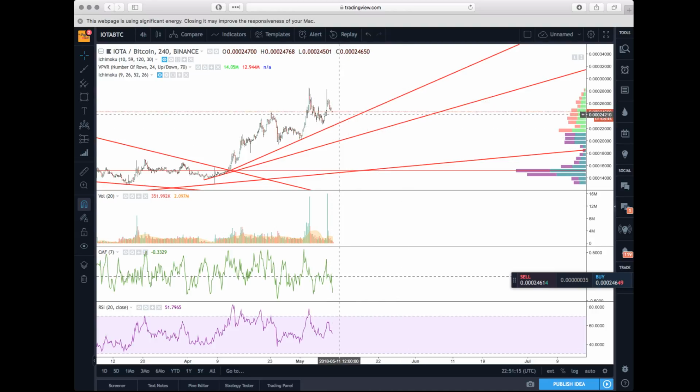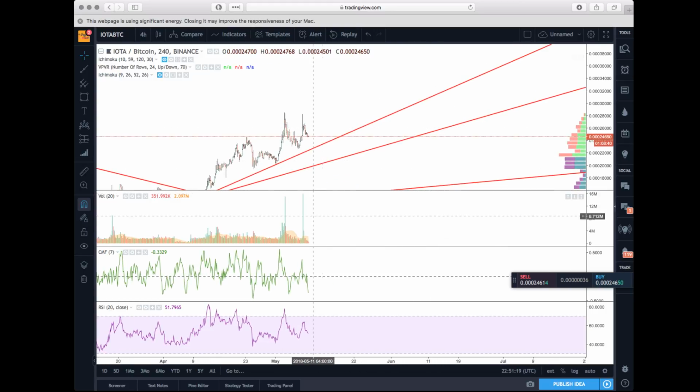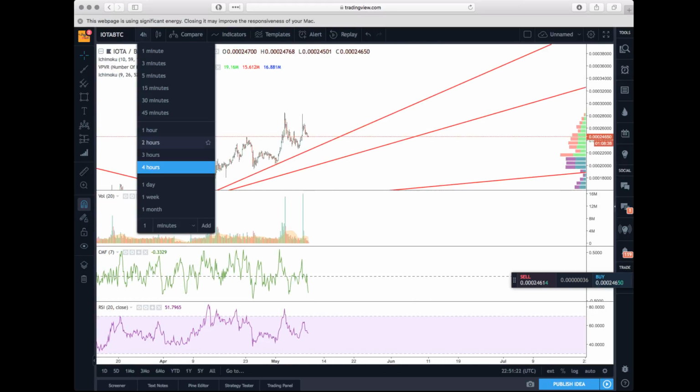It's entirely possible, though, that IOTA could just come down here and continue that bullish trend. It's difficult to predict the future. We're using these tools to do our best, but a lot of what we're doing is using these tools to find the lowest risk-reward opportunities.